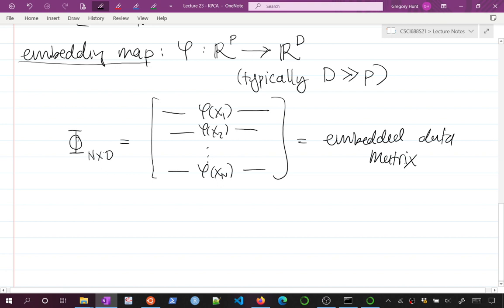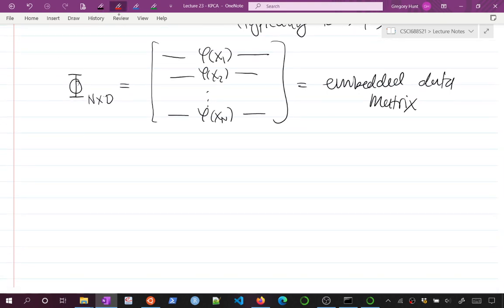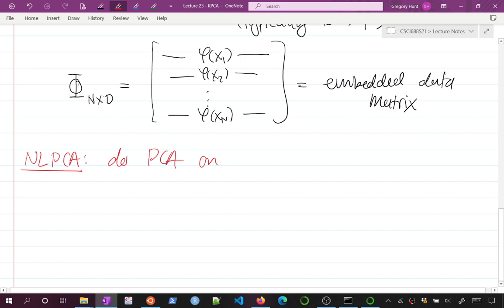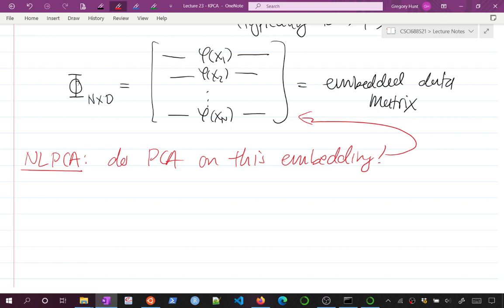The idea with nonlinear PCA, let's just call it NL PCA, is that we want to do PCA on this embedding. We can form this embedded data matrix, pretend it was our original data matrix to start off with, and do PCA on it.